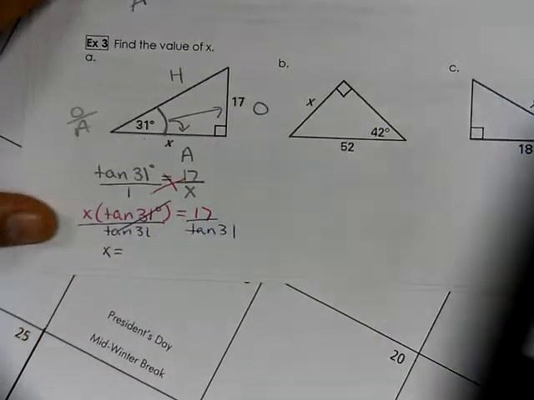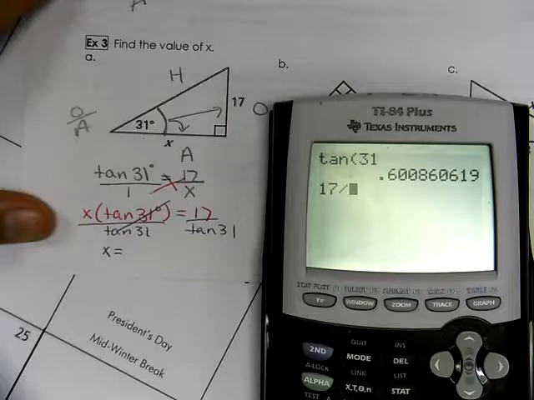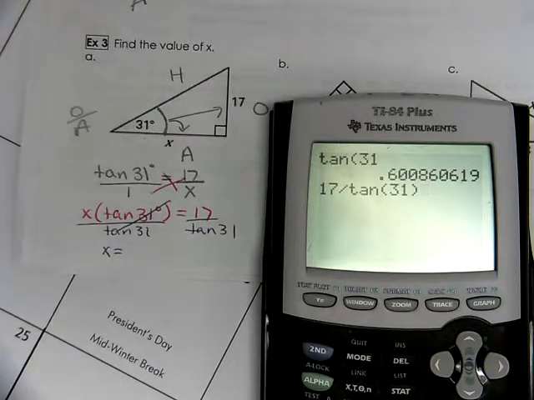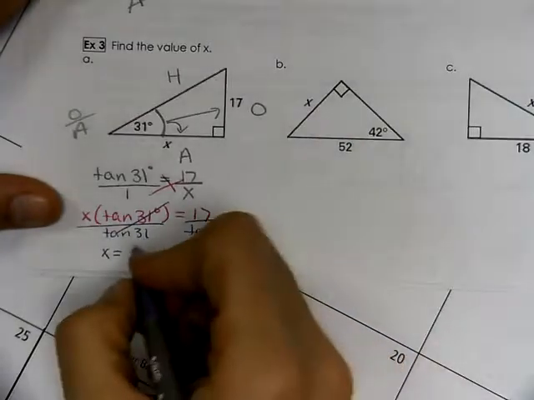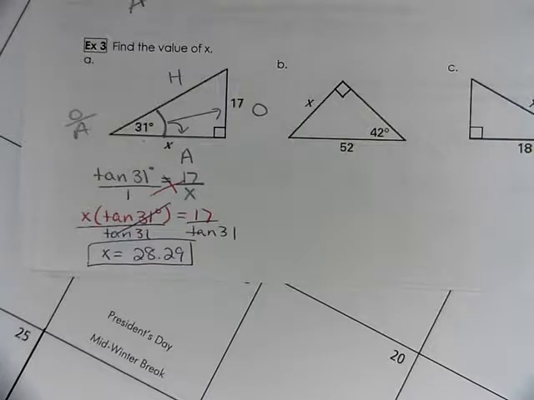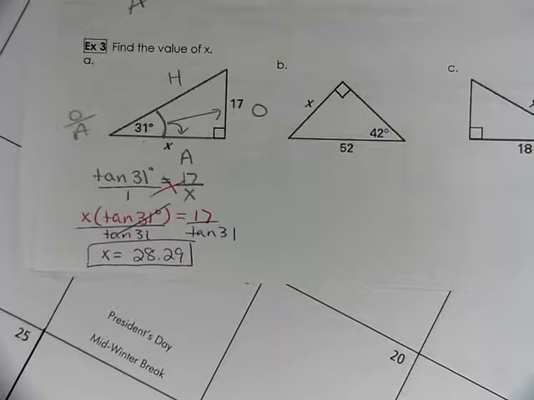In my calculator, I can just do 17 divided by the tan of 31. And honestly, for this one, it doesn't matter if you close your parentheses or not. And you should get 28.29. So that's how long that side of that triangle is. This is the harder kind because we have to divide. So far, so good? This is kind of what we're going to be doing for like the next week. So you always set up your proportion, cross multiply.